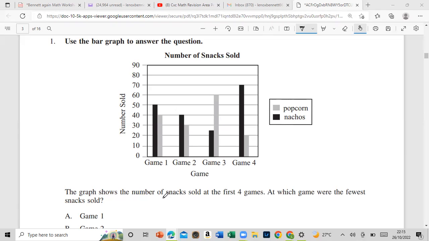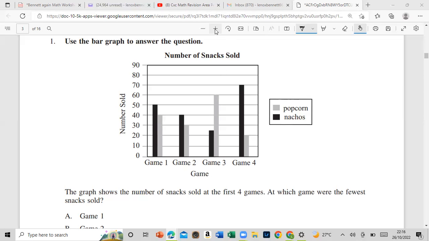It says the graph shows the number of snacks sold at the first 4 games. So this is the first game. At which game were the fewest snacks sold? Notice they use the word snack, they did not say popcorn or nachos, so it means both combined. Alright, so let's look at game 1. How many were sold?